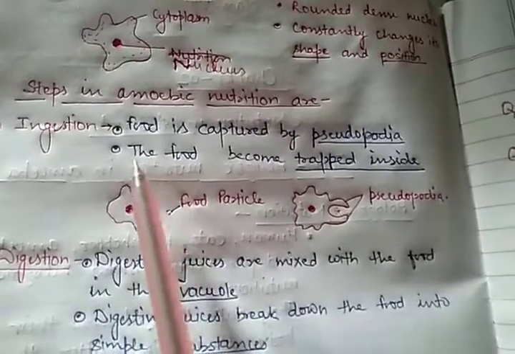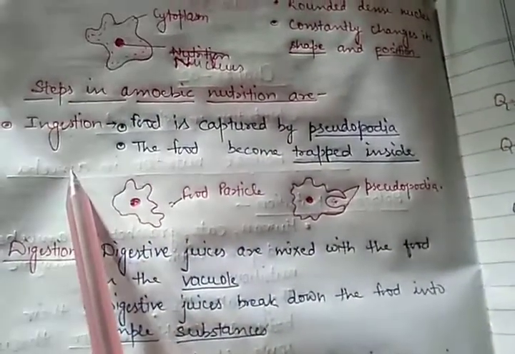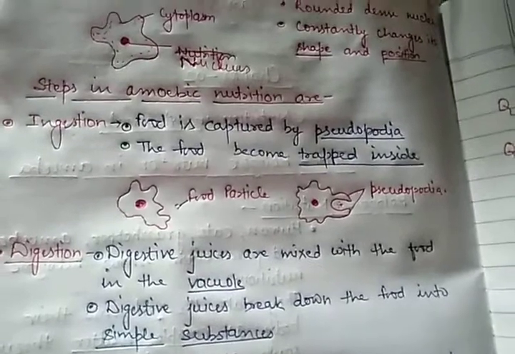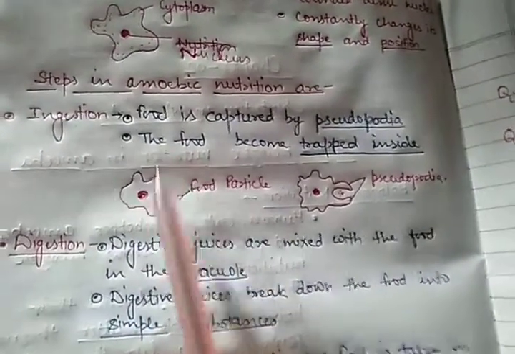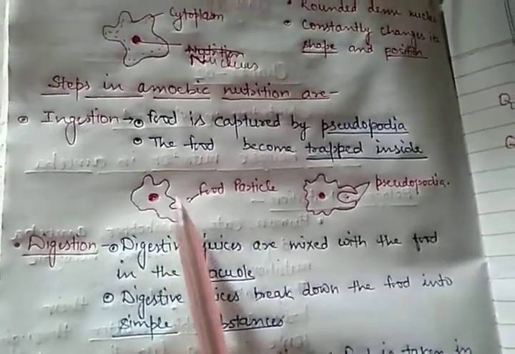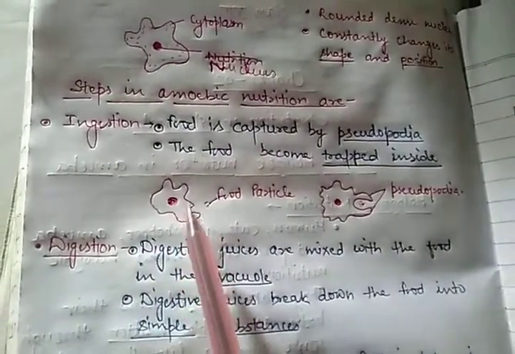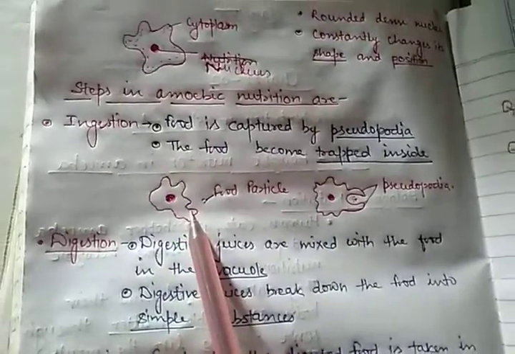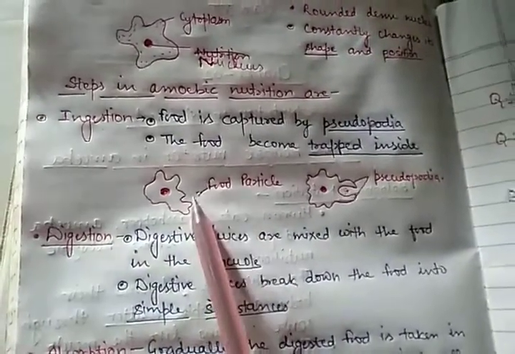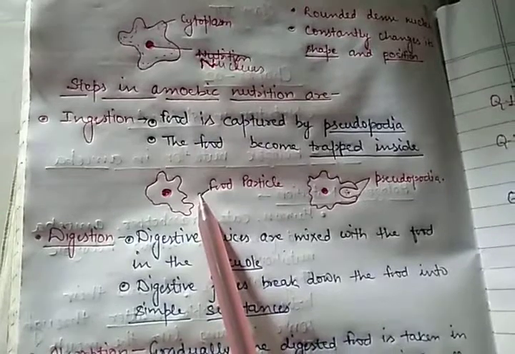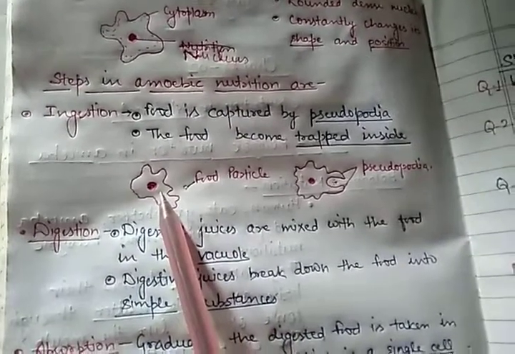First is ingestion. Ingestion means taking food inside. This is the amoeba and it has pseudopodia. With the help of the pseudopodia, it will engulf this food particle and take it inside its body.